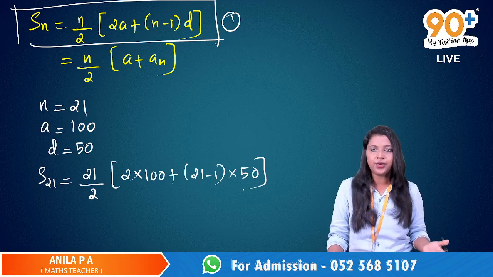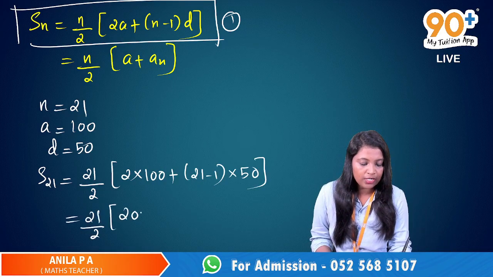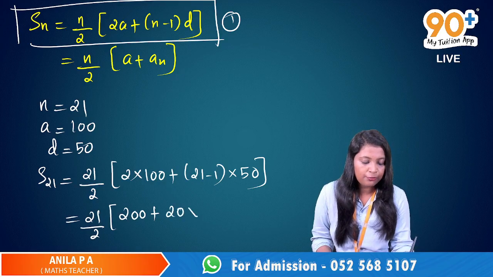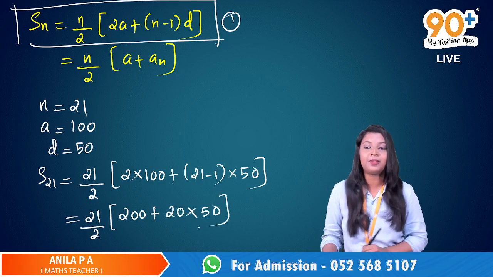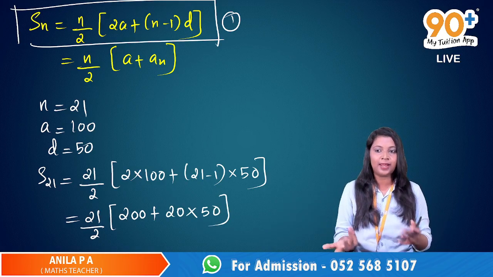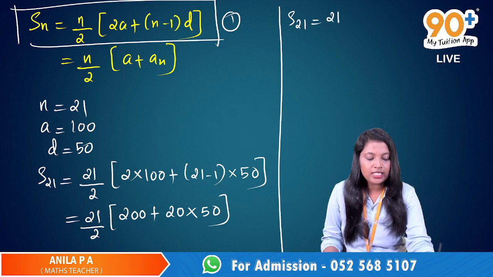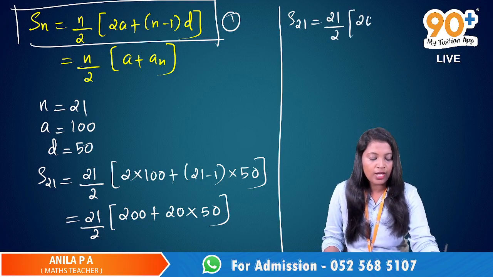D is 50 here, right? So 21 by 2 into (200 plus 20 into 50). Instead of multiplying 20 and 50, we do 2 into 5, which is 10, so 10 and 2 zeros.